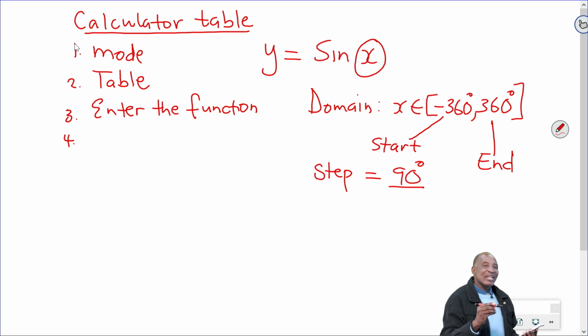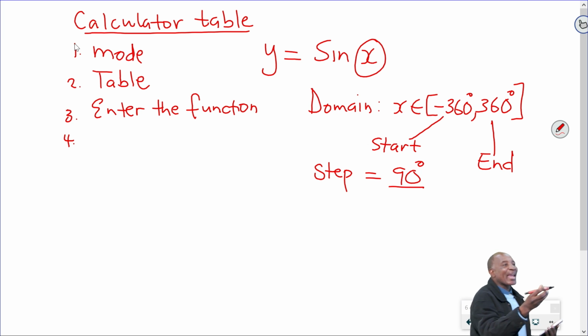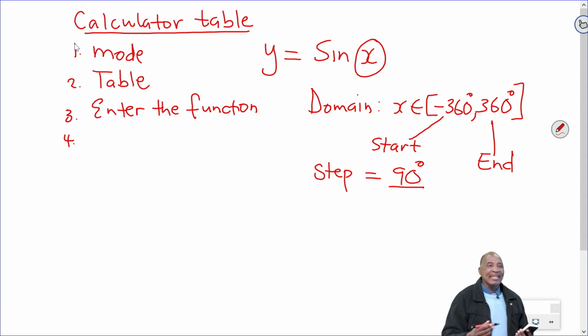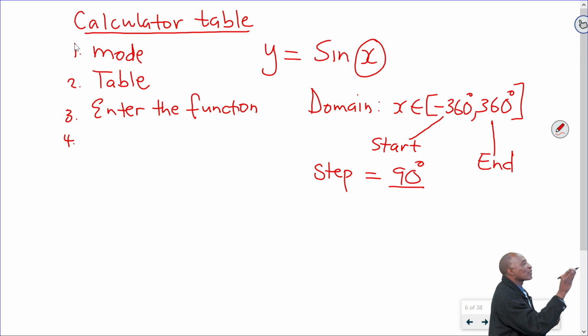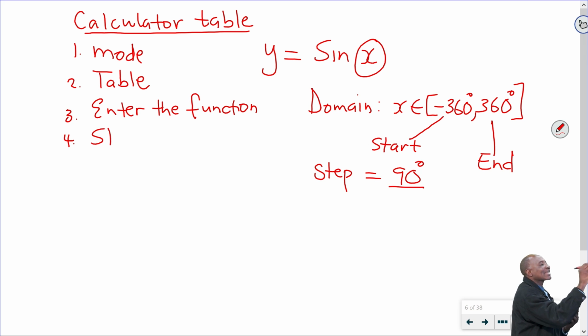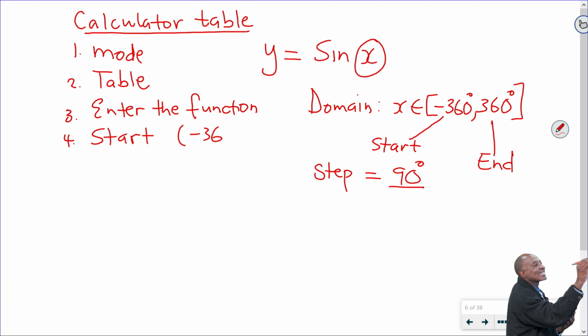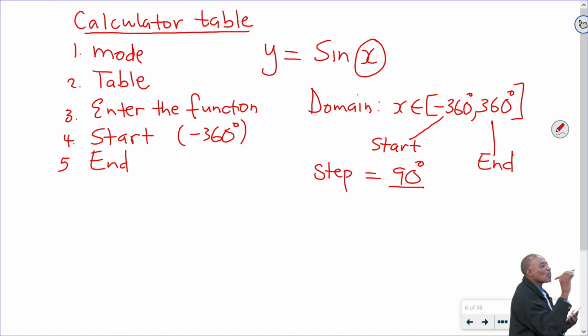For those calculators that say end, your end value is going to be 360 degrees. After entering your function, it will say start, you enter negative 360 degrees, then press the equal sign. Then the next step, it will say, where do you want to end to make your table?